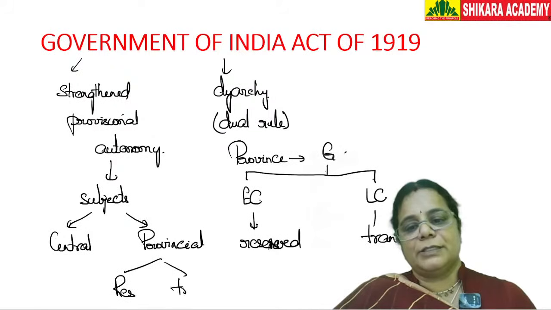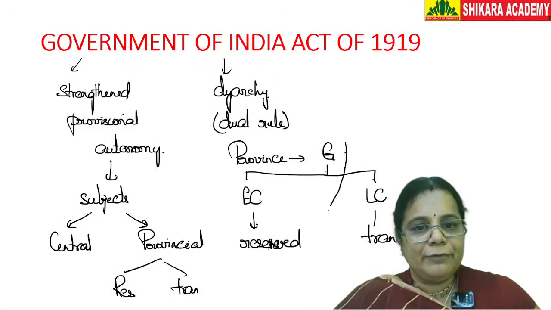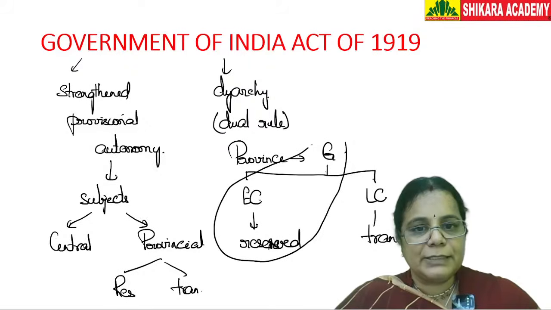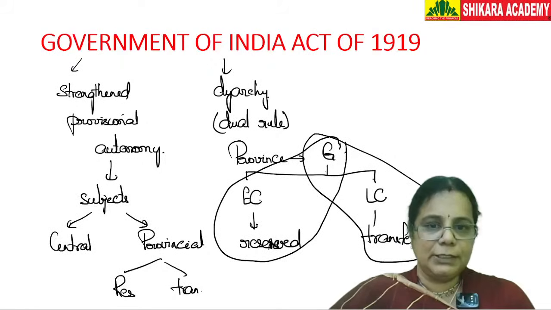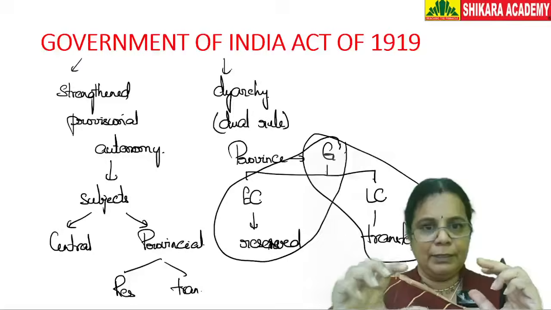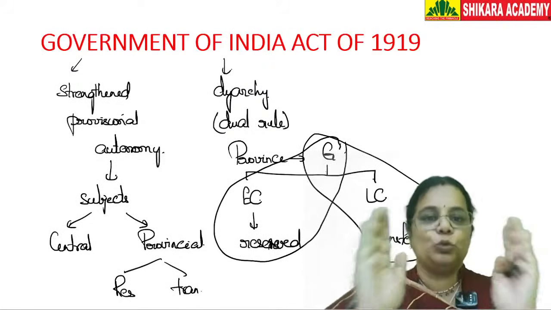What happens in dual rule is the governor with his executive council will take decisions on the reserved list. The governor with his legislative council will take decisions on the transferred list. Within one government, you have two different entities with a common head performing two functions.